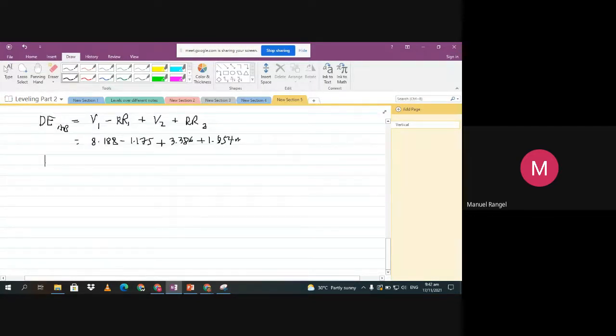So the difference in elevation between point A and B is equals to 12.253 meters. Then box your answer.